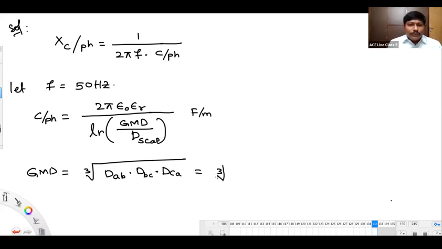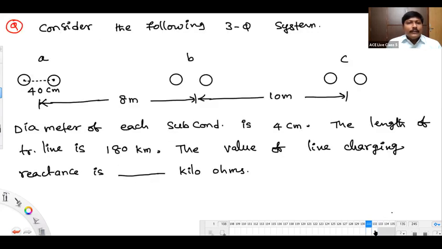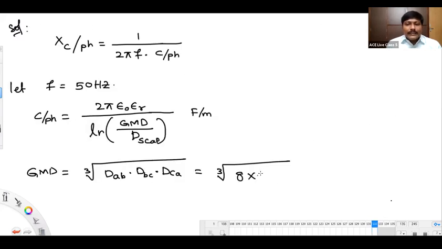So it will be the cube root of 8, 10, 18 meters. How much is this? Tell me, anybody. What is this GMD value? 11.29 meters. Good.